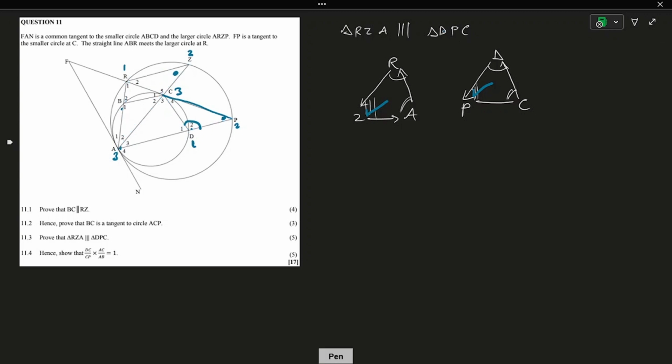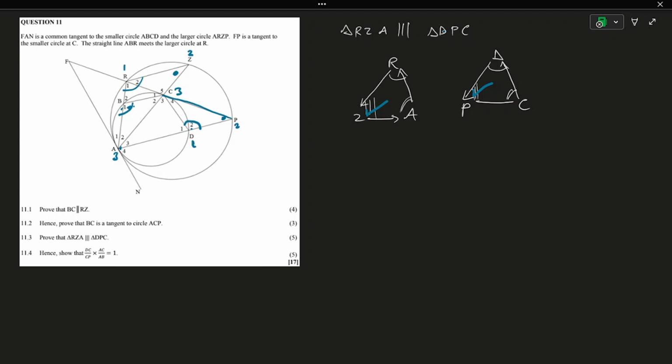So I hope you guys can see. So this exterior angle D2 is equal to angle B1, right? Because it's an exterior angle of a cyclic quad. And because we just proved that BC is parallel to RZ, B1 must be equal to this angle. So this angle B1 is equal to R1 plus R2. This therefore ultimately means that R1 plus R2 should be equal to D2.